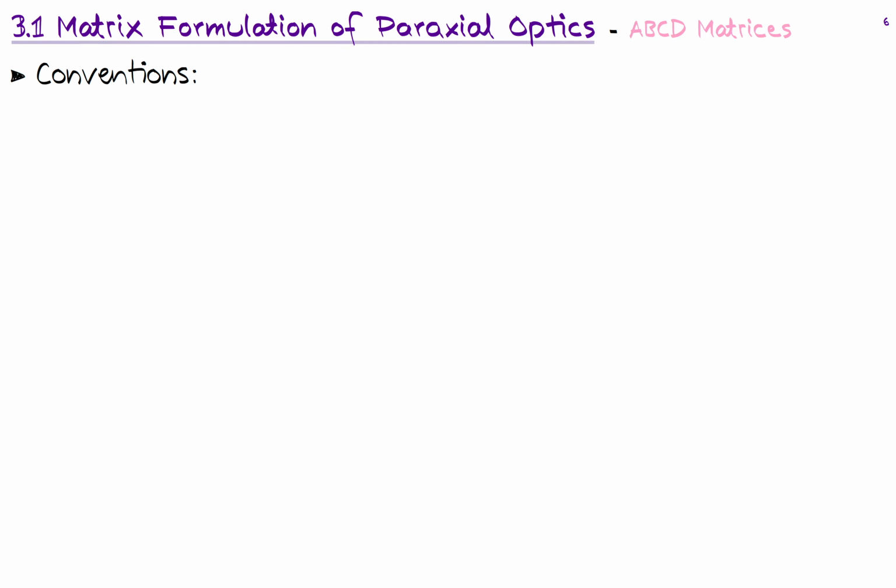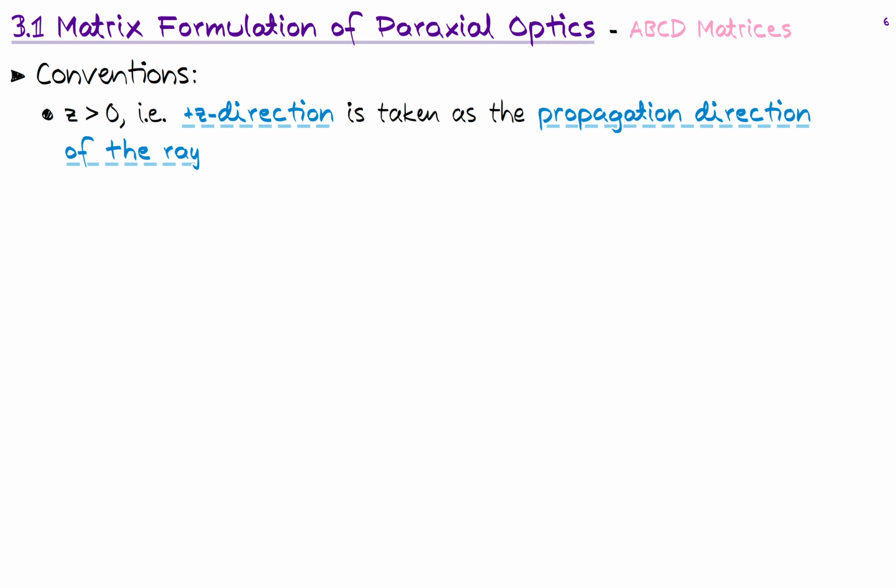Then something about the conventions, so basically about the signs of variables. We usually like to describe propagation of rays of light along the positive z axis. So basically the plus z direction is taken as the propagation direction of the ray. That's usually how we like to describe our ray propagation.